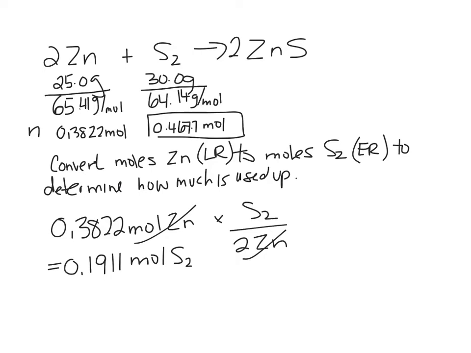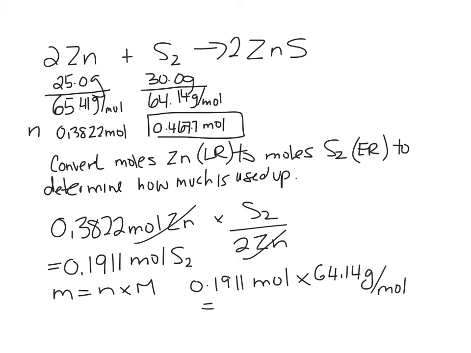So, mass is equal to moles times the molar mass, so 0.1911 moles times 64.14 grams per mole equals... This is the molar mass of sulfur, because we have moles of sulfur.